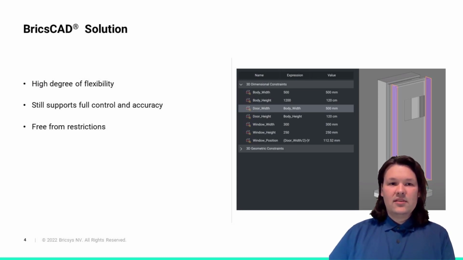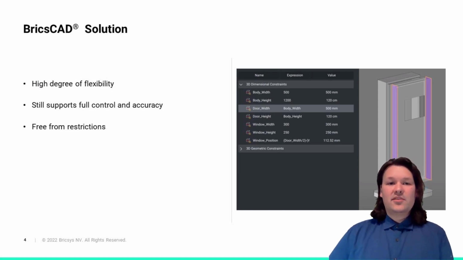With the 3D model, the user can still apply parametric intelligence within BricsCAD. This way we create a variational modeling approach, as we call it, combining positives from both direct modeling and history modeling.